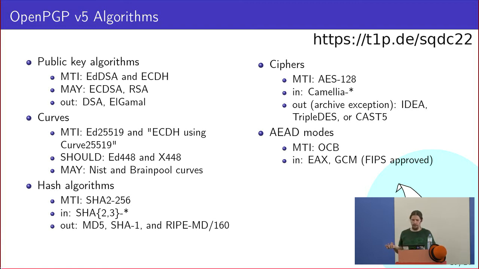And you may do EAX or GCM. GCM, again, is the only FIPS-approved AEAD mode that fits the OpenPGP framework. So we strive for a lean mandatory subset of algorithms to implement. So if you're going for a greenfield deployment, you can have a really, really small implementation.